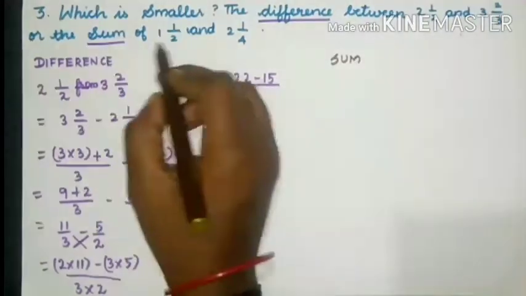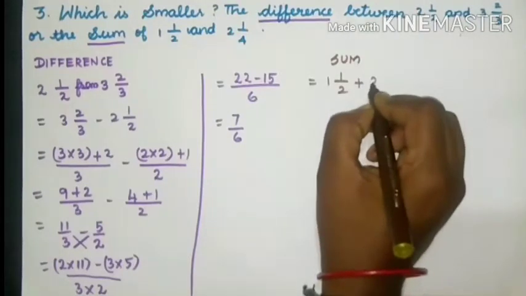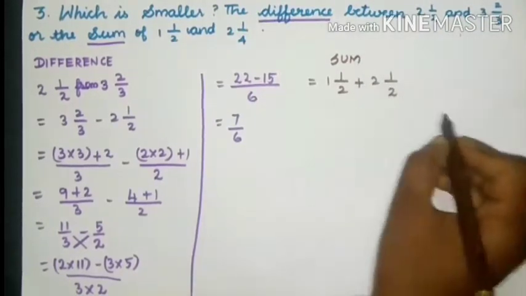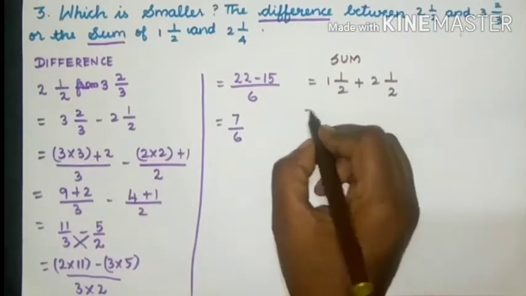Let's find the sum of these two fractions. That is 1 1 by 2 plus 2 1 by 2. Here also we have mixed fractions. First we have to change these mixed fractions into improper fractions.